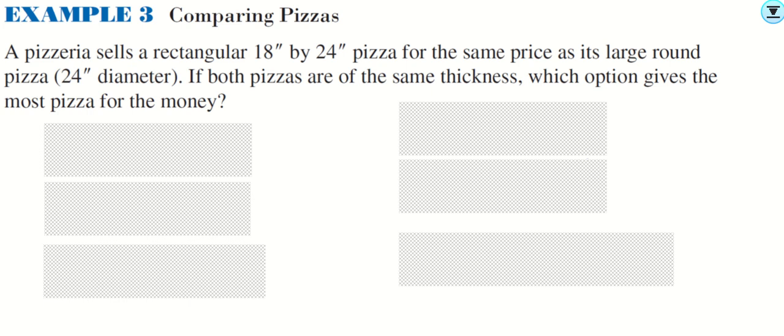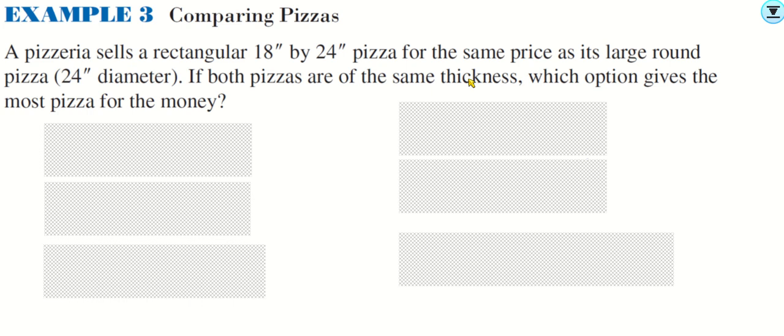A quick example technically falls into an algebraic model. A pizzeria sells an 18 by 24 inch pizza for the same price as its large round pizza, which has a 24 inch diameter. If both pizzas are the same thickness, so that's not a factor, which means there'd potentially be more volume of pizza.